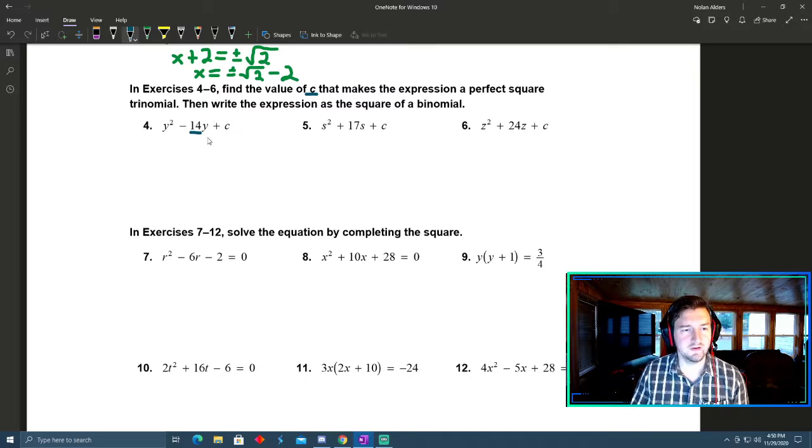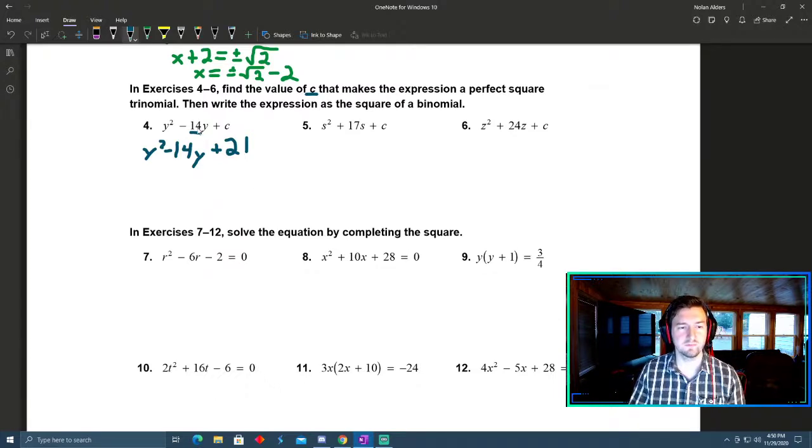So 14 over 2 squared, 14 divided by 2 is 7. 7 squared is 21. So our c in this case is 21. So we can write c equals 21. Or we can write it out as y squared minus 14y plus 21. Again, you just take half of whatever your b is and square it.